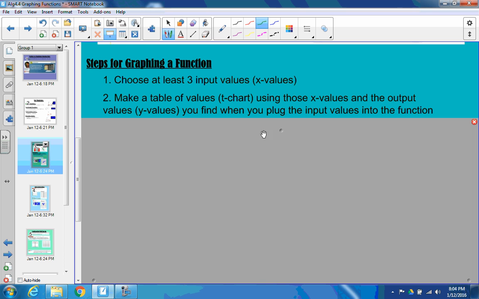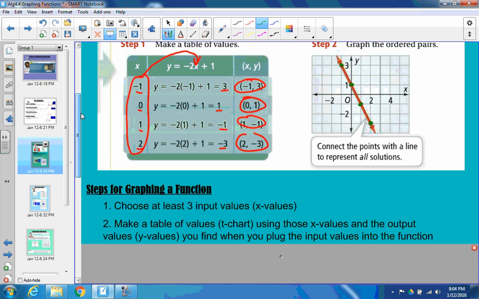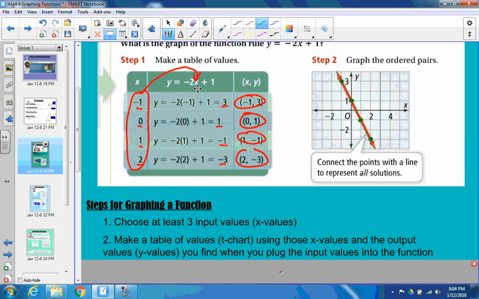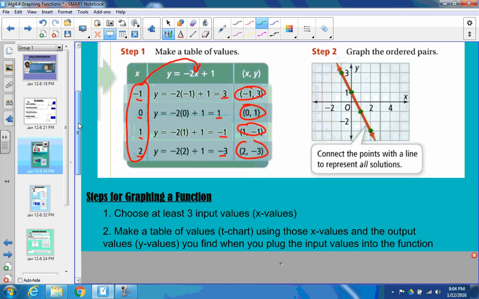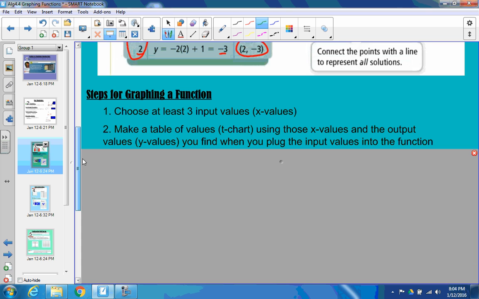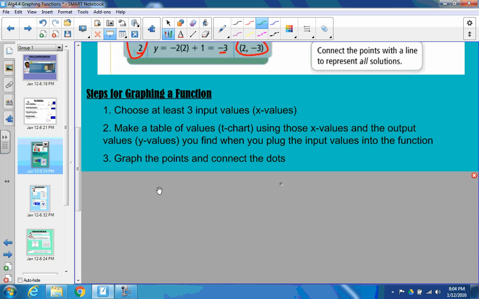So it's kind of wordy, but it's what we said right here. When you plug in the input values for the function, use those input values and the output values that you get as your values for your t-chart, and then write the ordered pairs. Ooh, this doesn't have it right here either. Something disappeared.